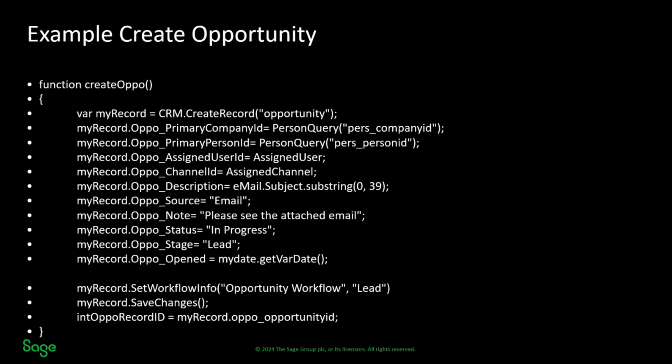And you'll see that the opportunity description is email.subject.substring, and grabbing hold of just the first 40 characters of the value of the description.